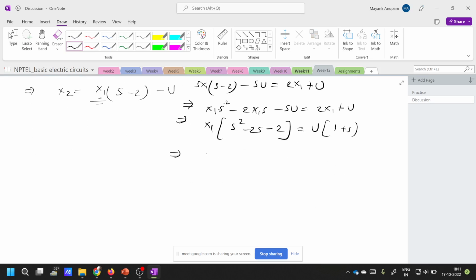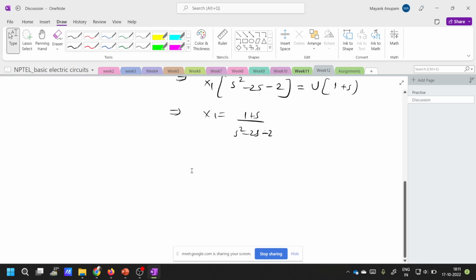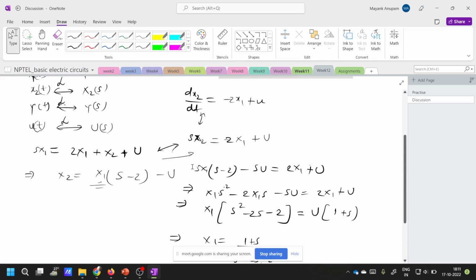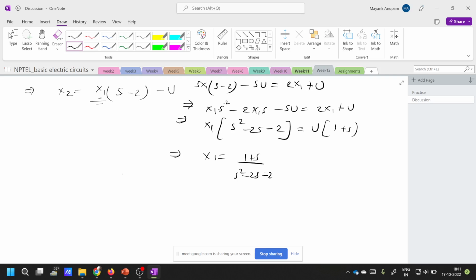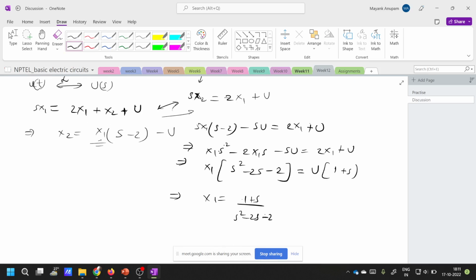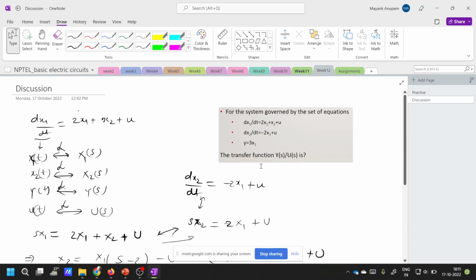So from these two equations I get x1 is equal to 1 plus s divided by s square minus 2s minus 2, correct? Fine. Now I have simply got x1 as a function of only u, right?